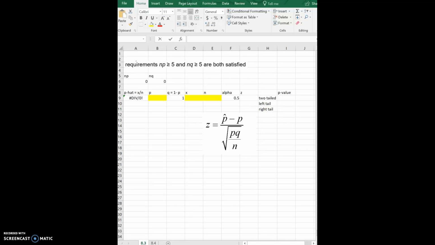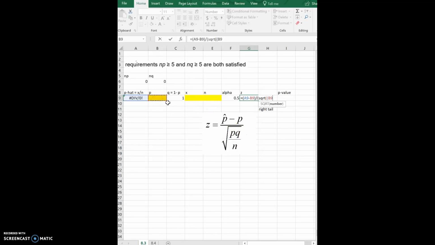Alright, so we're going to do equals. And then we're going to do open parenthesis just to be safe. So then we're going to do p hat, which is this block here, minus p, so that's our numerator, all that's on the top of this right here, divided by, open parenthesis, this whole thing is the denominator, so it's going to be the square root, SQRT is square root, open parenthesis, because we have a numerator in our square root.